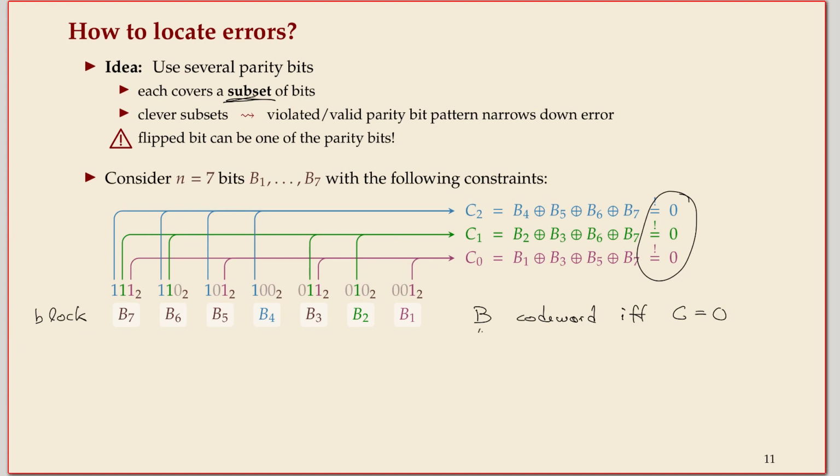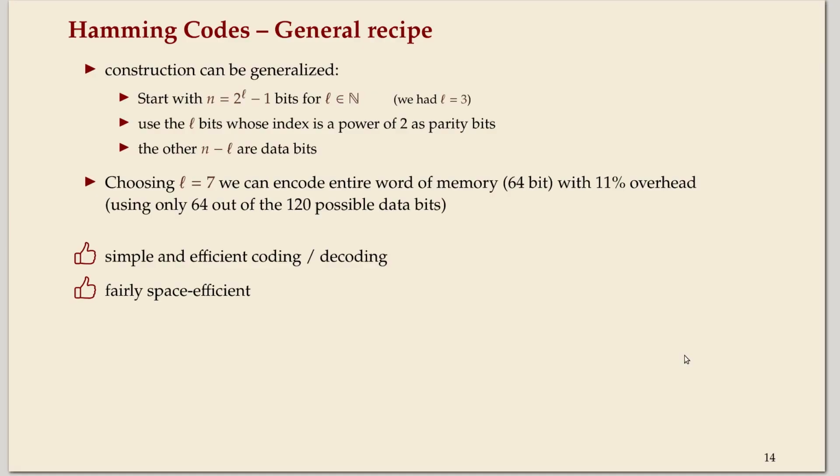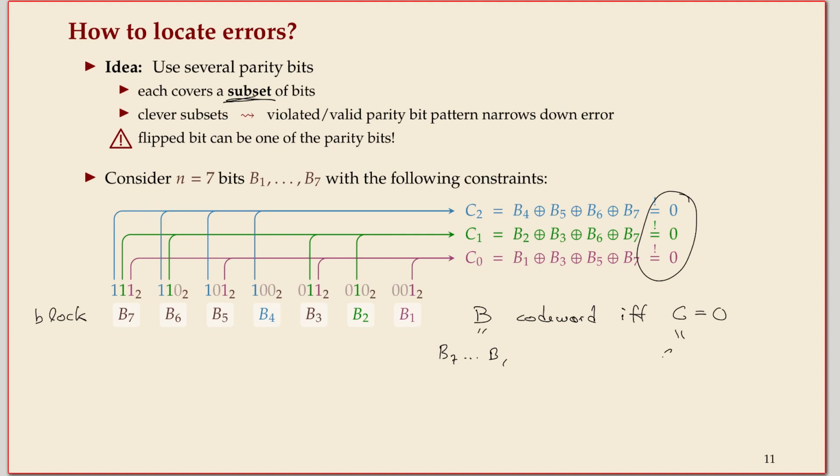By this I mean B7 up to B1, and by C I mean C2, C1, C0 as a bit string. They're just all 0. That defines me some set of code words. It's not yet clear how this becomes a code, but we'll get there.